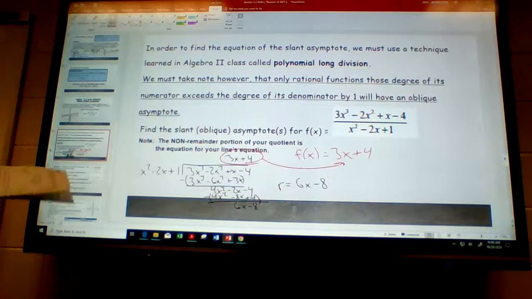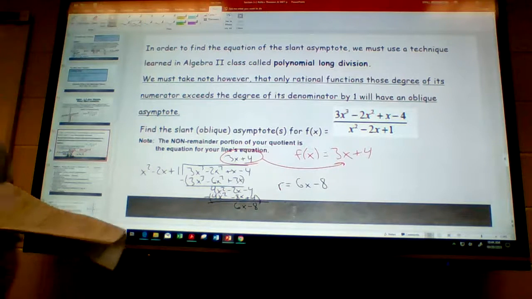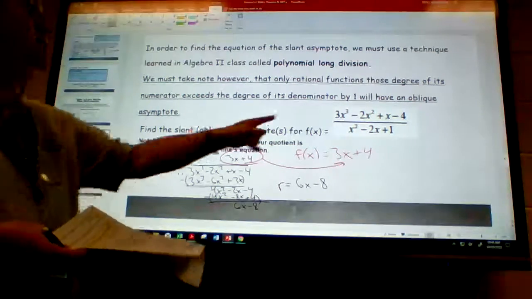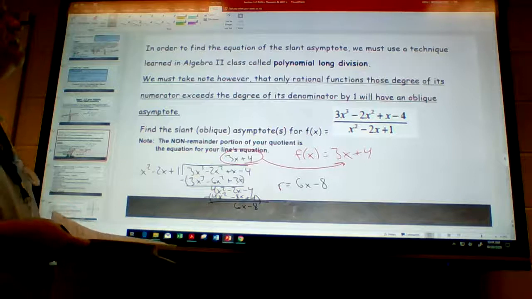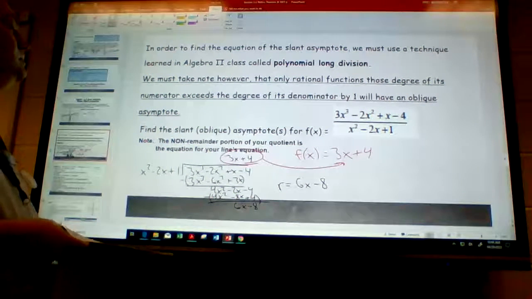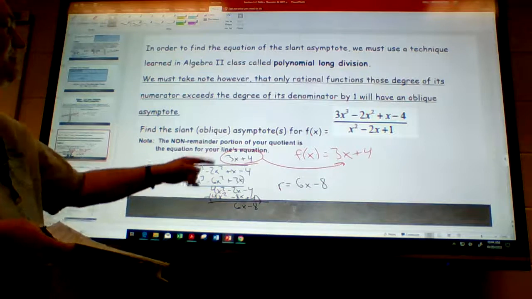In order to find the equation, you must use a technique learned in Algebra 2 called polynomial long division. Now, you have done long division before. So we divide the top, which is 3x to the third, minus 2x squared plus x minus 4, by x squared minus 2x plus 1. When we do that, we divide and we get 3.